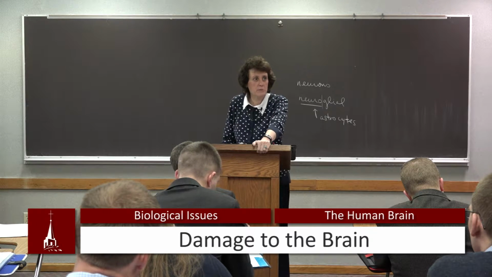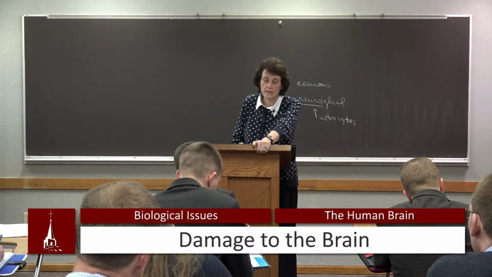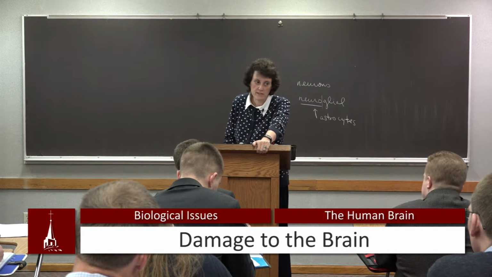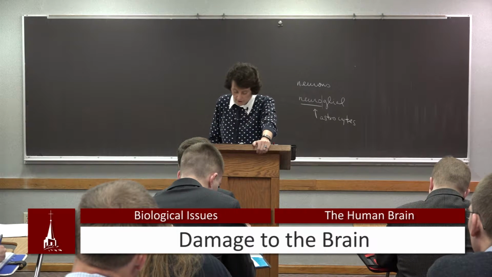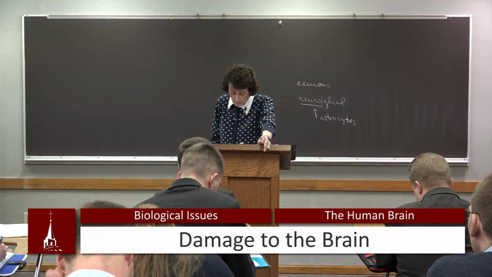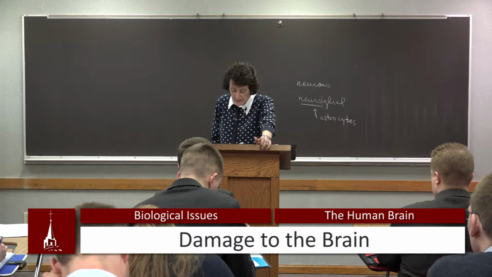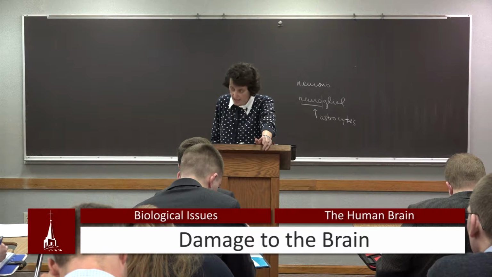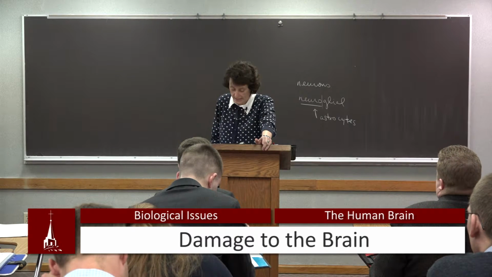Most of the time, brain damage does not result in lack of control of body functions. The brain does that quite well on both hemispheres. So when we have brain damage, the mind is affected, and of course the physical body is affected.